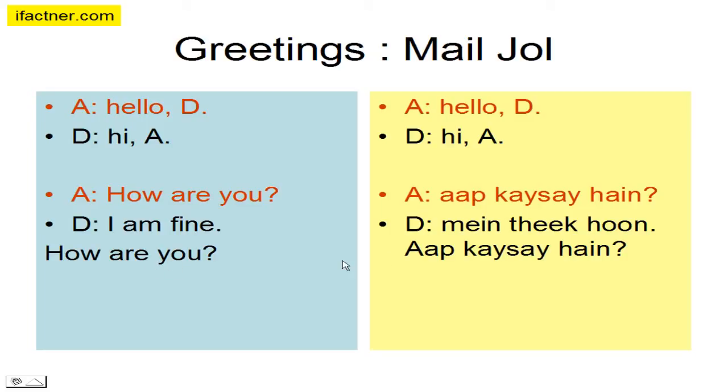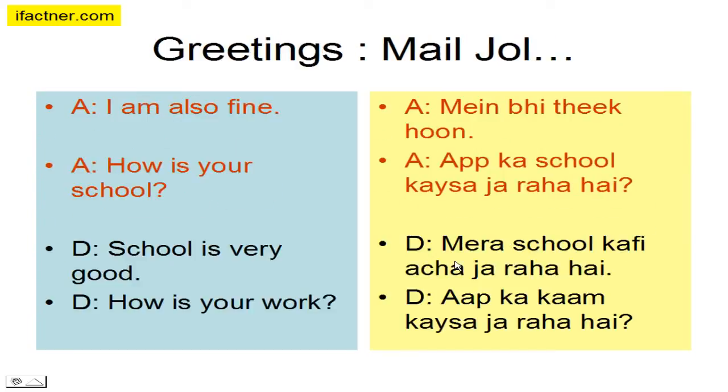How are you? आप कैसे हैं? I am also fine. मैं भी ठीक हूँ. How is your school? आपका स्कूल कैसा जा रहा है? School is very good. मेरा स्कूल काफी अच्छा जा रहा है.